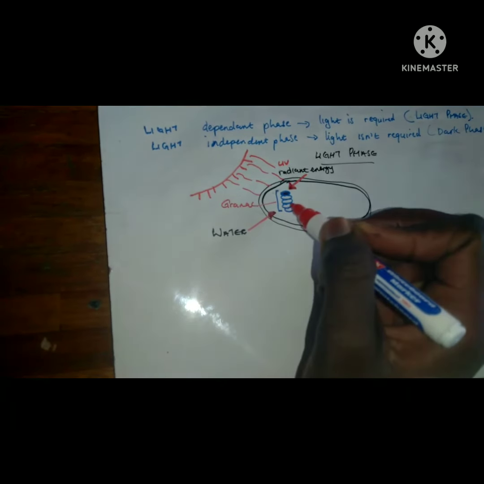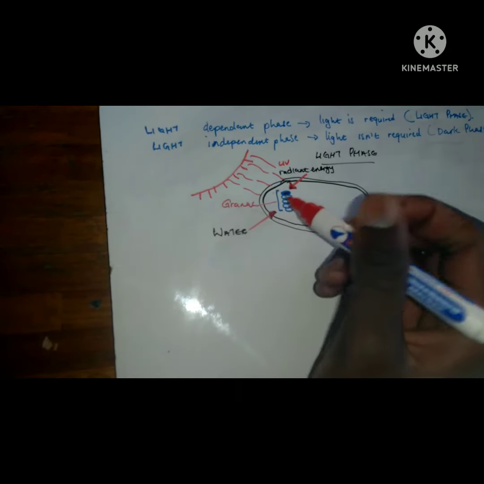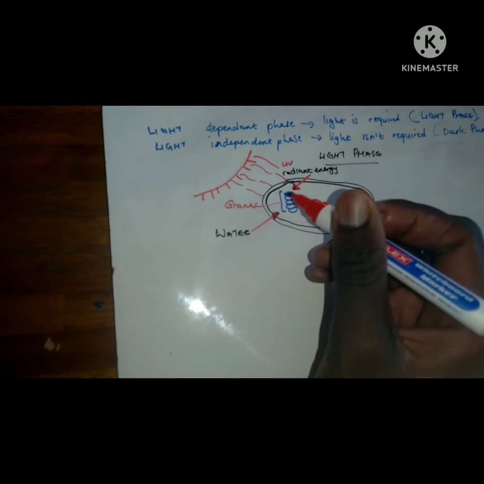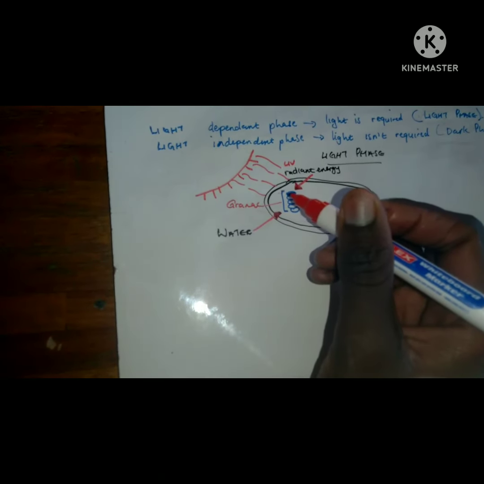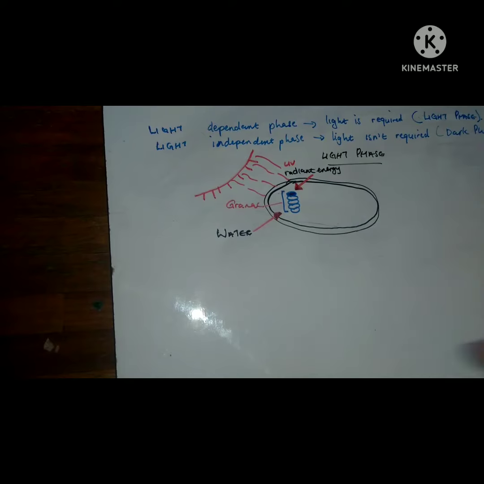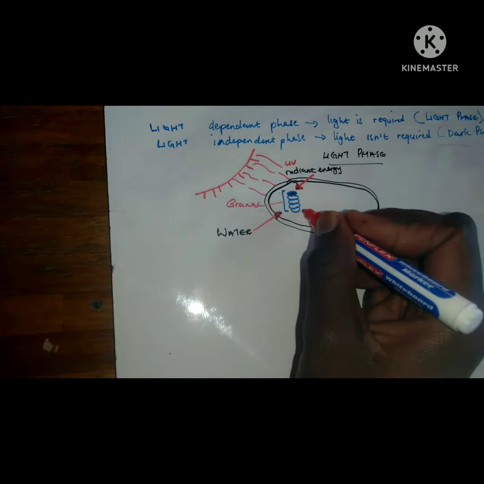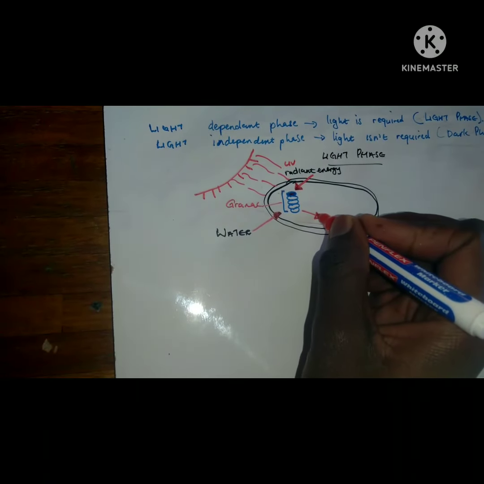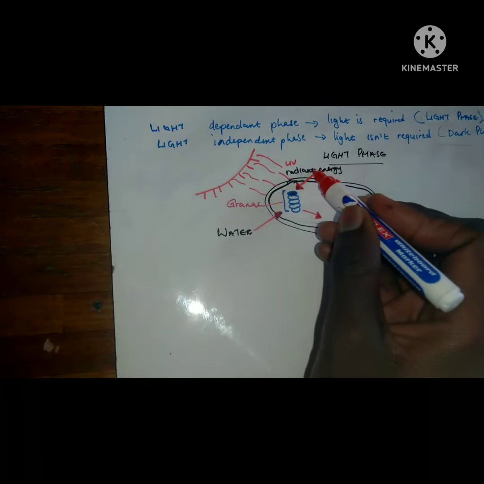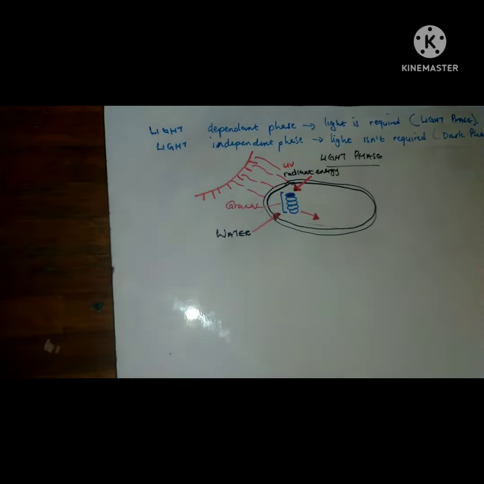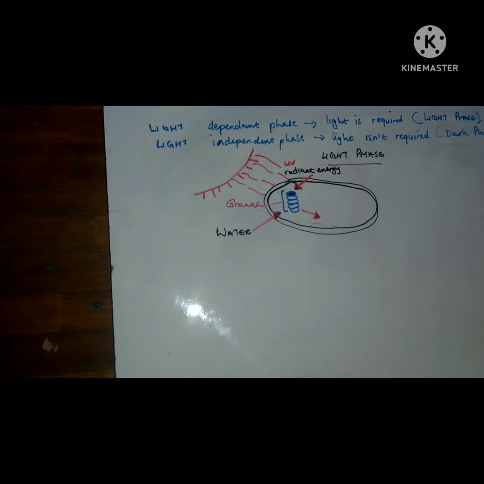The water also will be trapped into the grana. That is the first process of light phase photosynthesis. Then here are the products of the reaction of radiant energy and water. So we meet this word called photolysis.